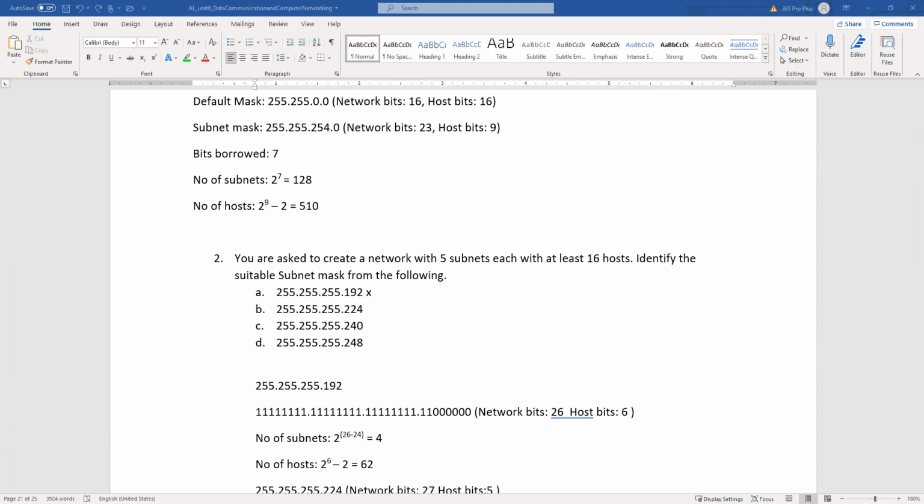Okay, so now I think we can talk about the basics since we have discussed this. We'll look at how we can identify the network bits.